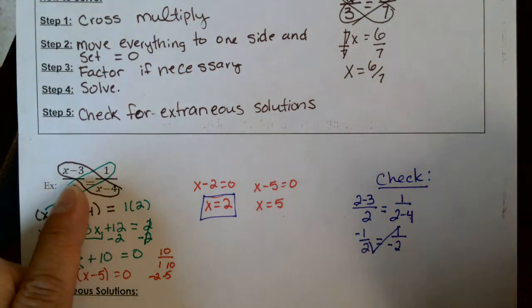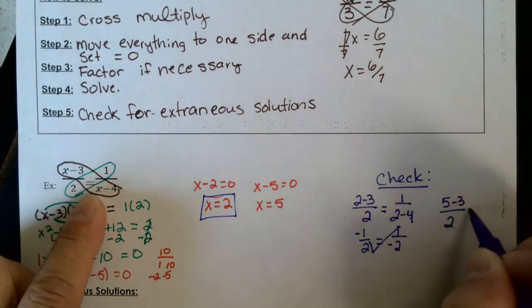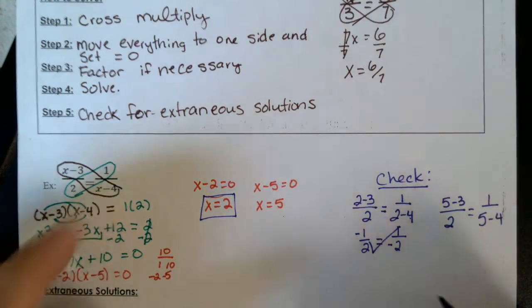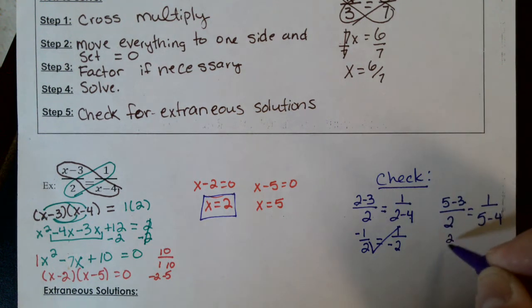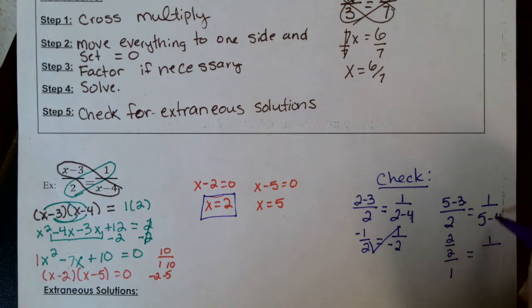And then if we check 5, we have 5 minus 3 divided by 2 equals 1 divided by 5 minus 4. So 5 minus 3 is 2 divided by 2, which is 1. And 1 divided by 5 minus 4 is 1. 1 divided by 1 is 1.